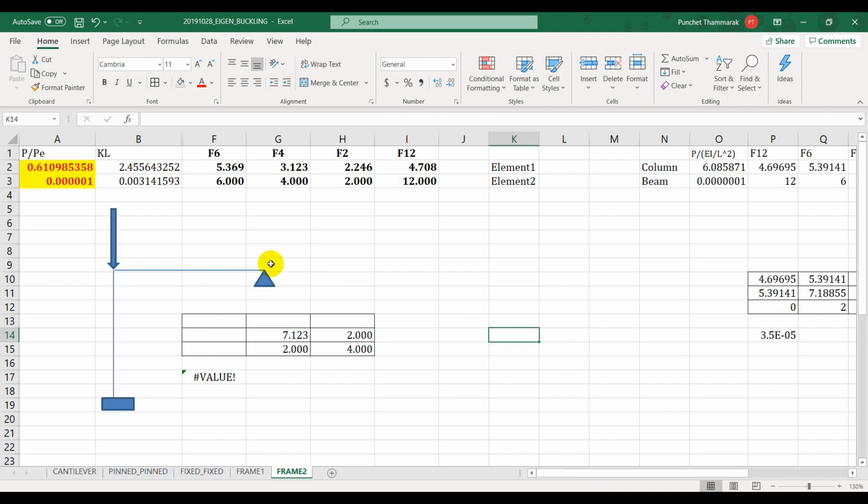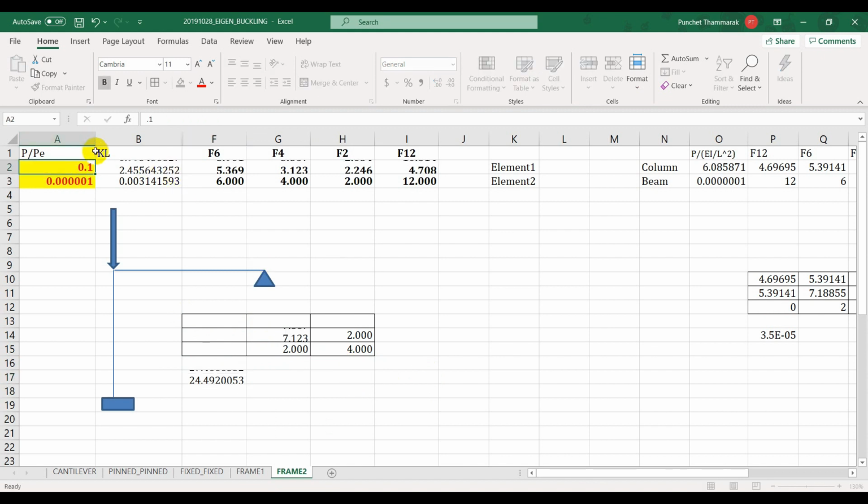We don't allow displacement in the x-axis, so I took off the degree of freedom, rows and columns for this degree of freedom. We have just two remaining, and then we get the new determinant figure out over here. I put the 0.1 there.